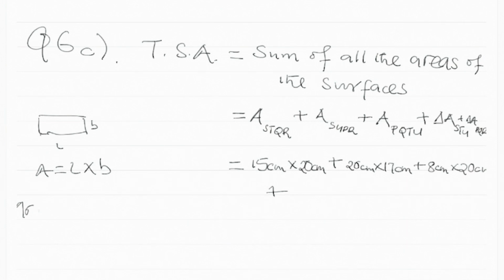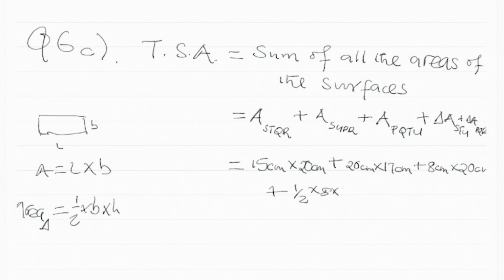Then we add the area of a triangle. Now, area of a triangle is given by half times base times height. In triangle TUS, we have half times the base TU, which is equal to PQ, which is 8 centimeter, times the height, which is 15 centimeter, because TS is equal to QR.